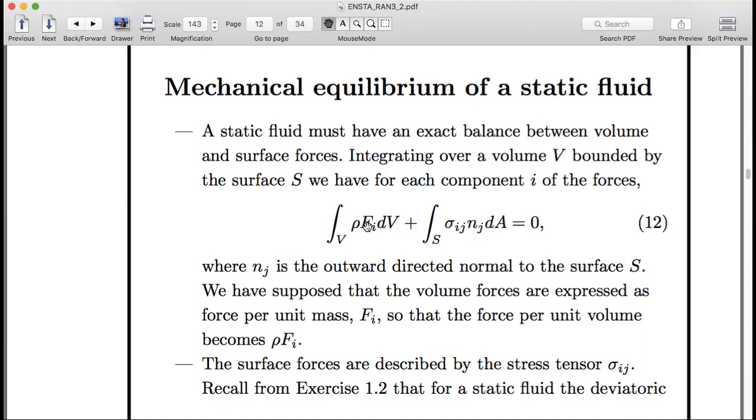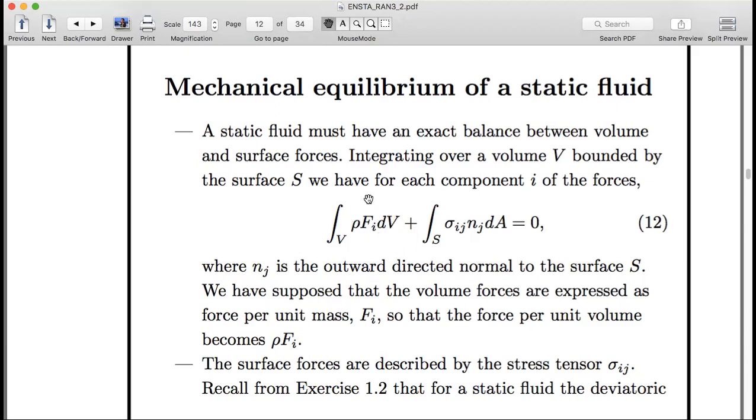I am thinking of gravity actually, and then I multiply that by mass per unit volume, so it becomes a force per unit volume. And when I put the subscript i there, remember that means it's a vector quantity, and I'm just giving you the ith component, and i can be x, y, or z, or 1, 2, 3.